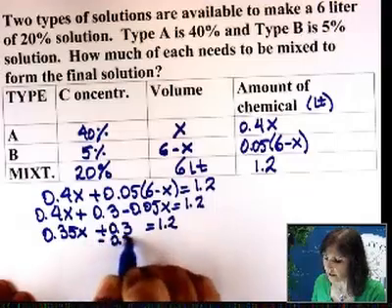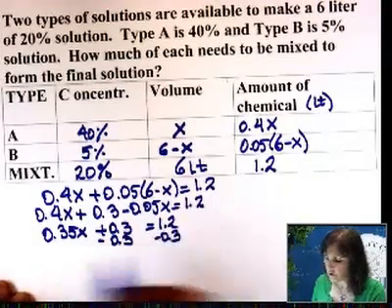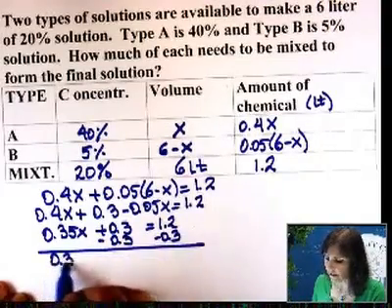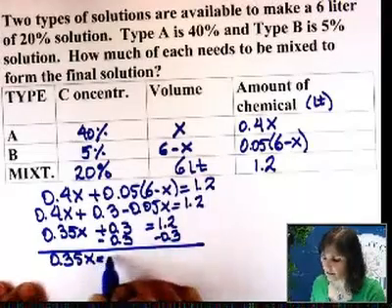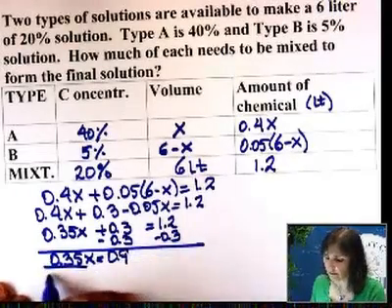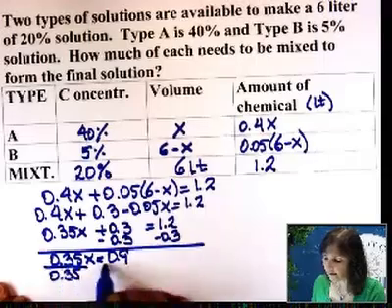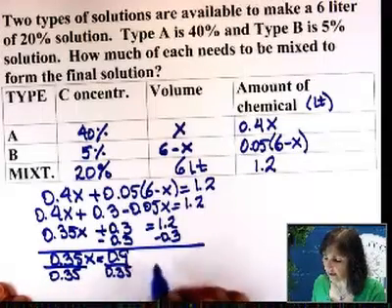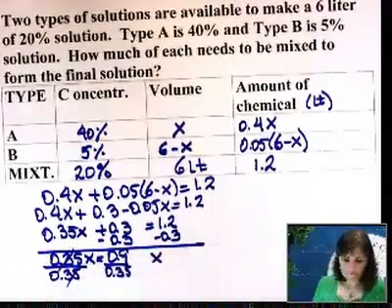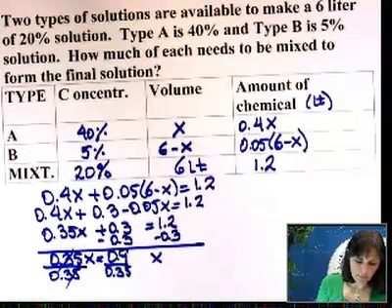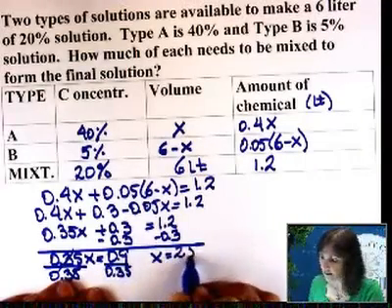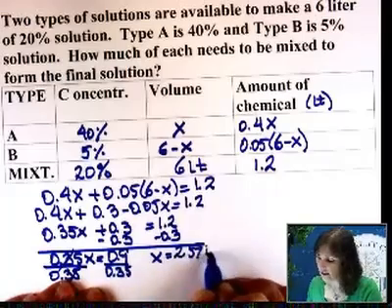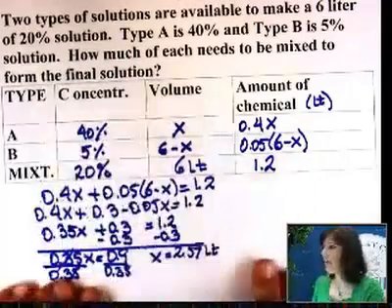Subtract 0.3. So you're going to have 0.35x equals 1.2 minus 0.3. That's 0.9. Divide both sides by 0.35. You're going to end up with 0.9 divided by 0.35, which is 2.57 liters of 40%.